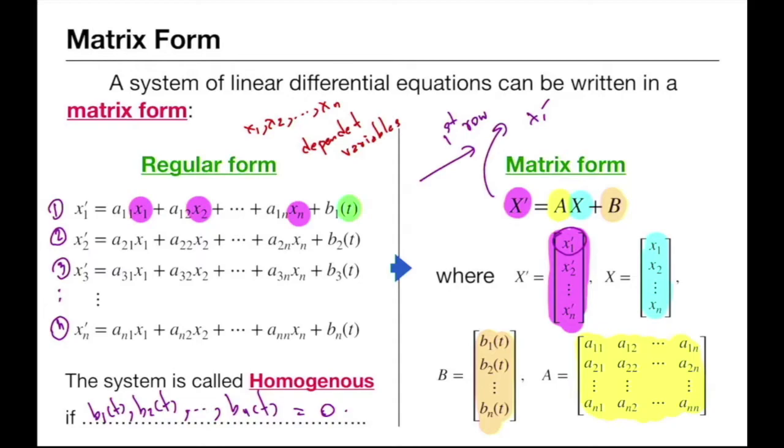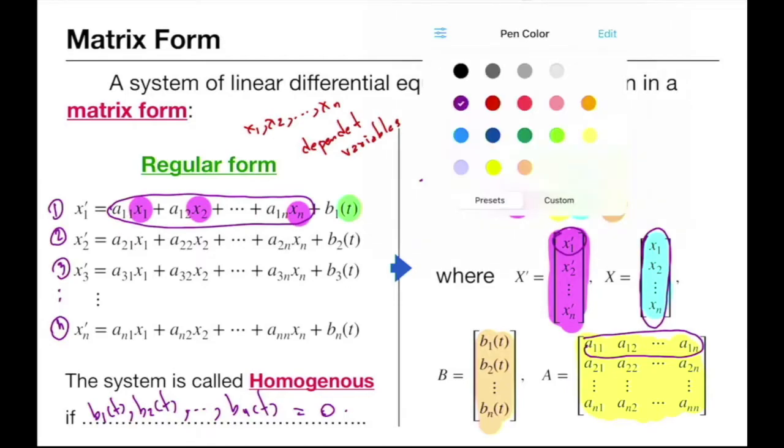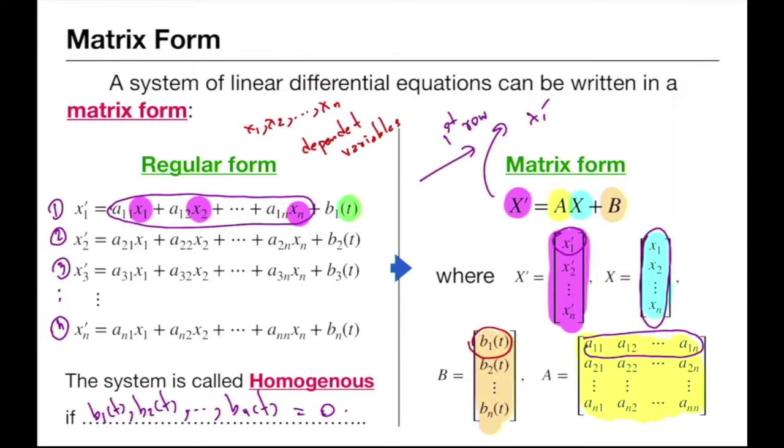And here I would get this row multiplied by this vector x, and then plus b, so I would get this one, the first row. So these two forms are equivalent.